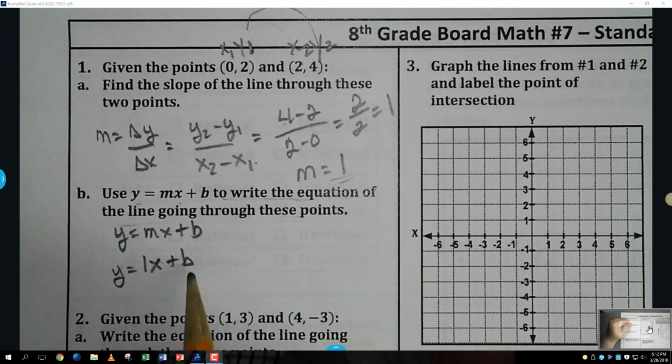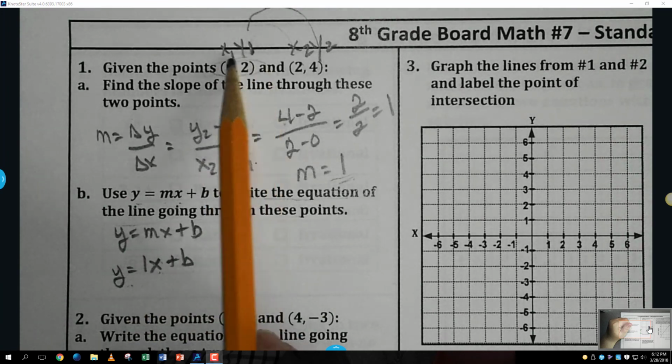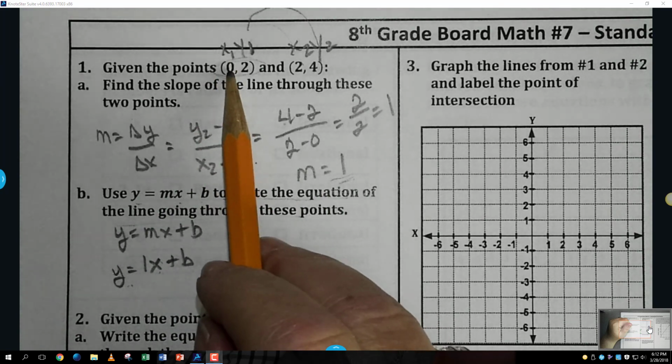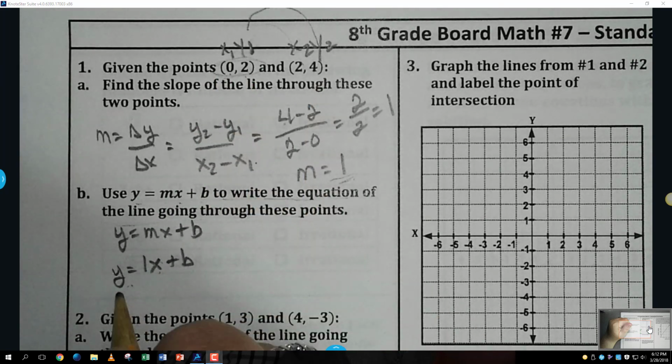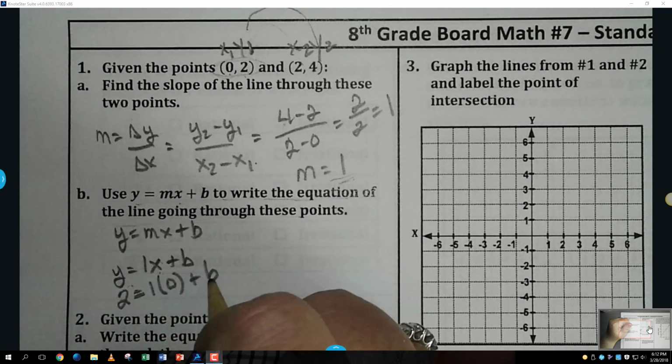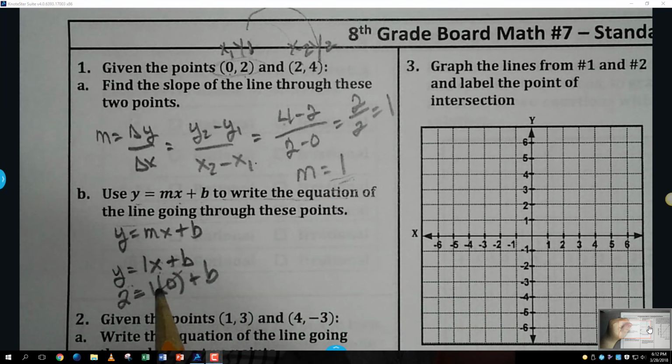And then what we need to do is figure out b, if only we had numbers to put in for x and y. Oh yeah, we do. Okay, so here is my x and here is my y. So I'm going to have 2 equals 1 times 0 plus b. 1 times 0 is 0, so b equals 2.